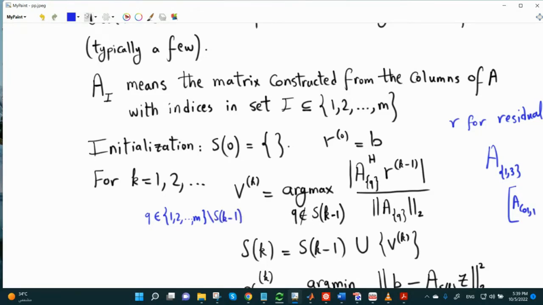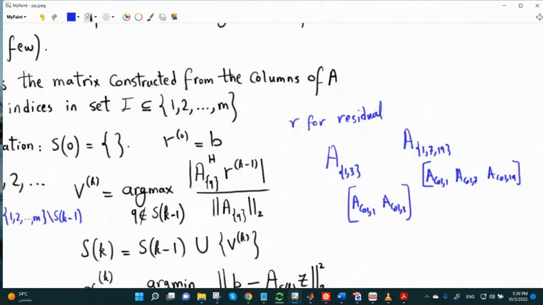So at the very first iteration, k is 1, S of k minus 1 is S of 0, and it's an empty set. So basically, we will use all the columns of A. In later iterations, we'll use the columns of A whose indices are not included in the set S of k minus 1.